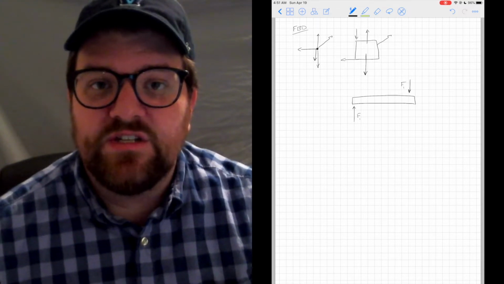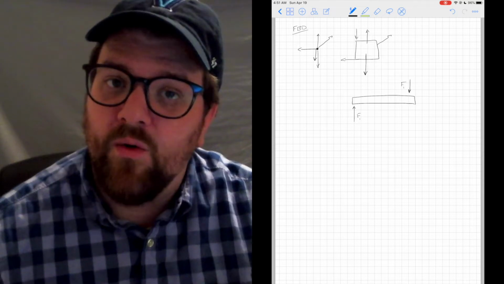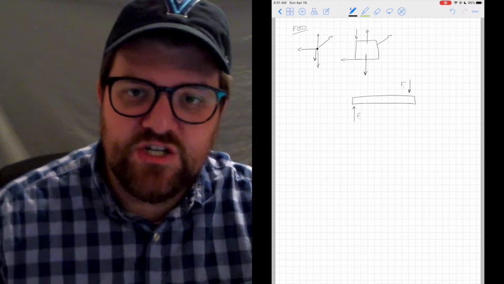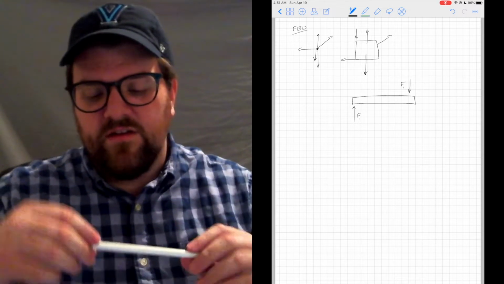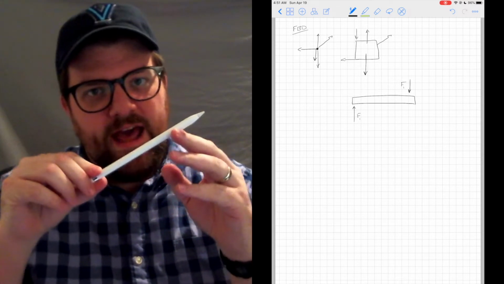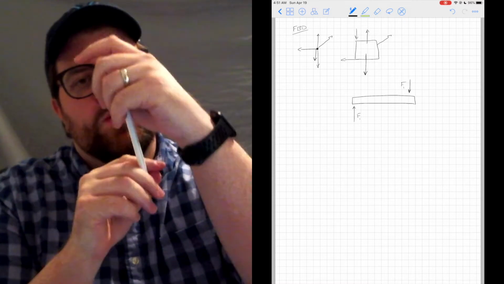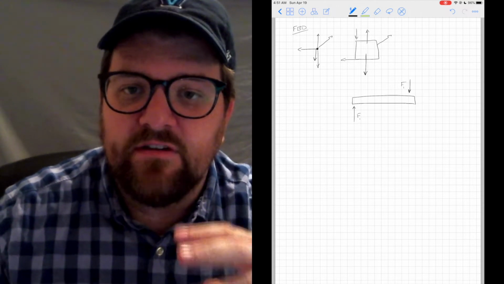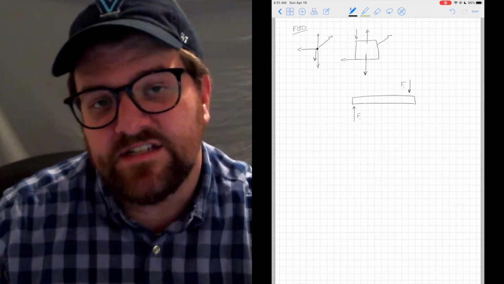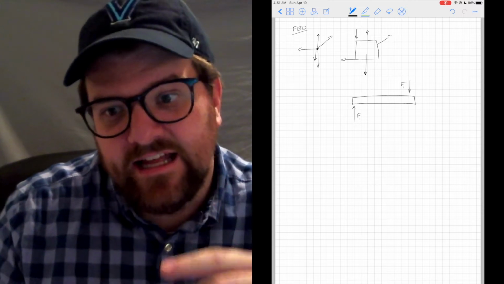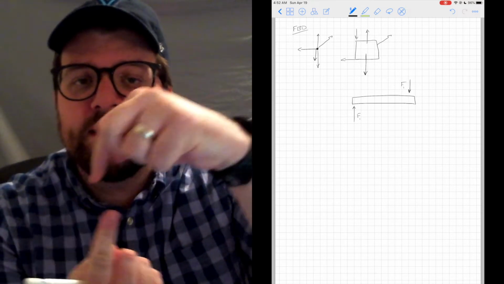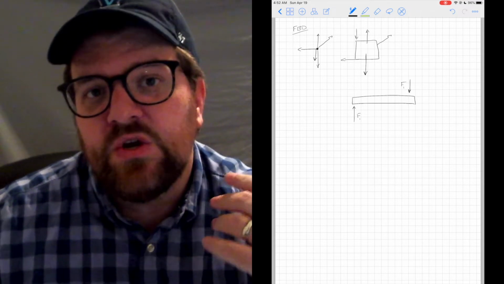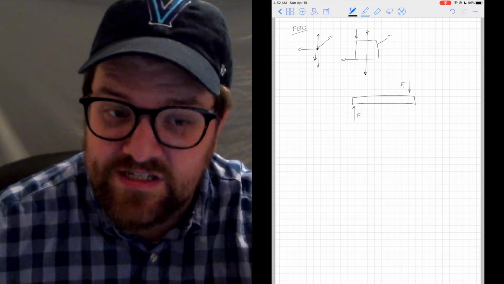Is this thing going to move? No, not translationally, but it will rotate. And I think our intuition can inform us of this, right? If I apply a force on one end down and one end up, this thing is going to start to rotate. So having forces applied on things off axis, not exactly perfectly aligned, is going to, as we're going to see, create torques, create rotational forces, basically.